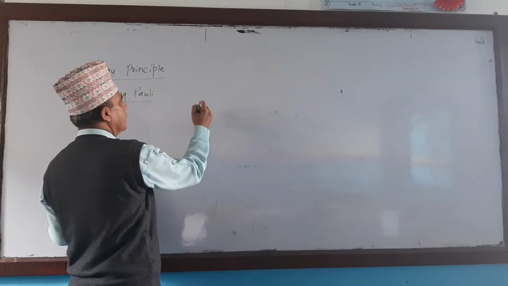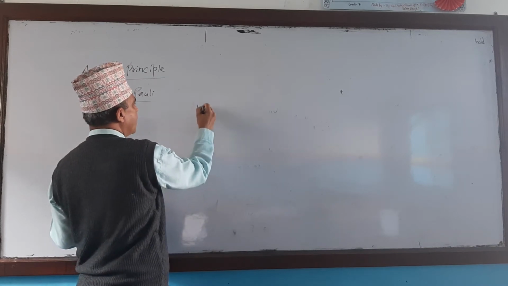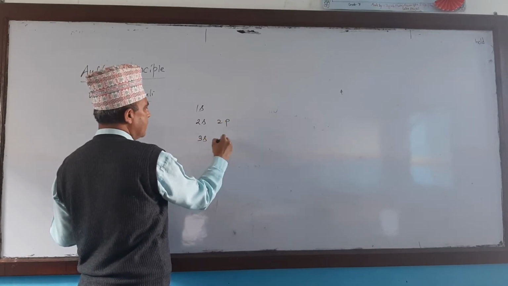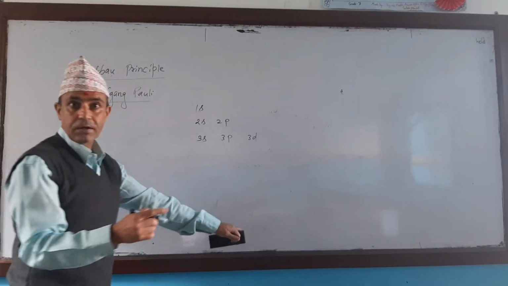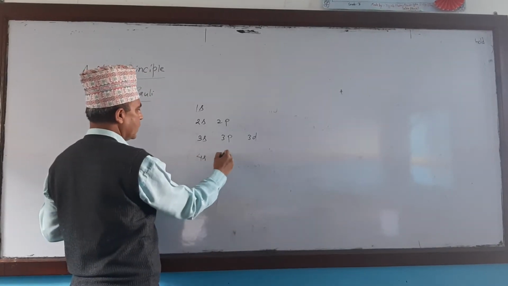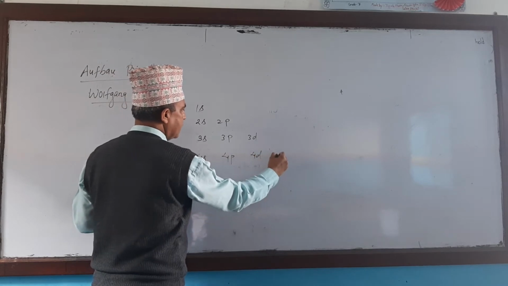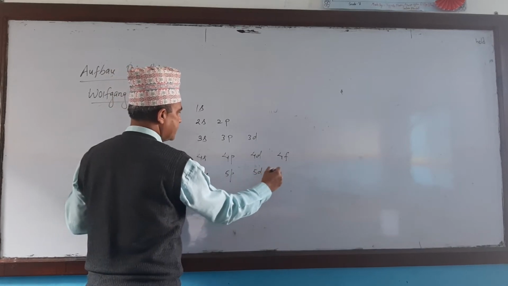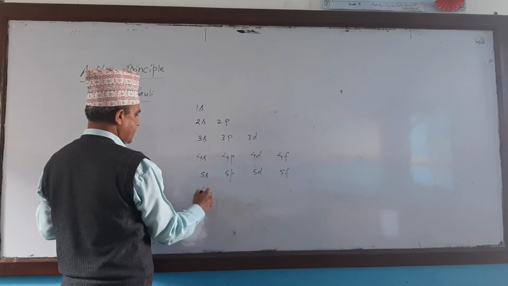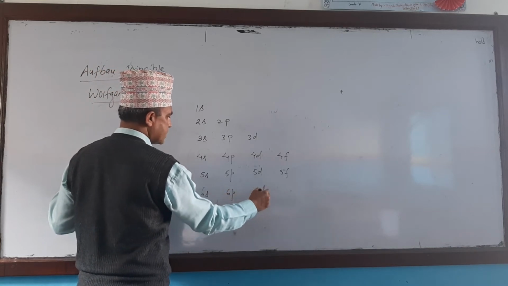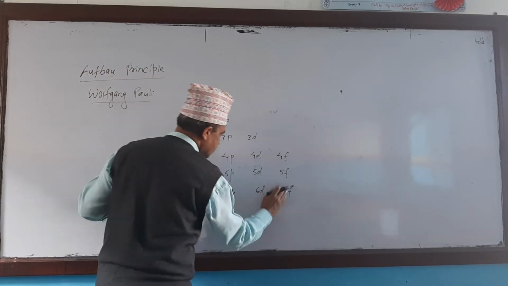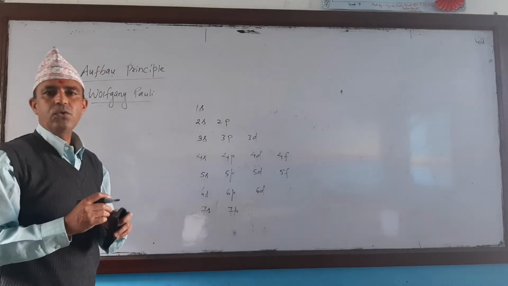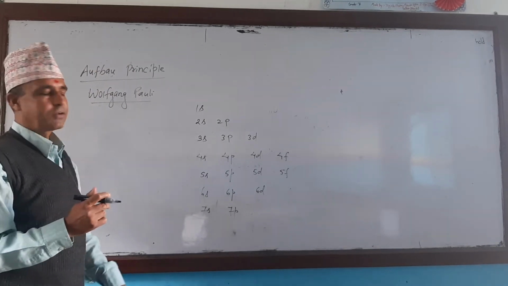He wrote all those orbitals: 1s, 2s, 2p, 3s, 3p, 3d, then 4s, 4p, 4d, 4f, 5s, 5p, 5d, 5f, 6s, 6p, 6d, then 7s, 7p.